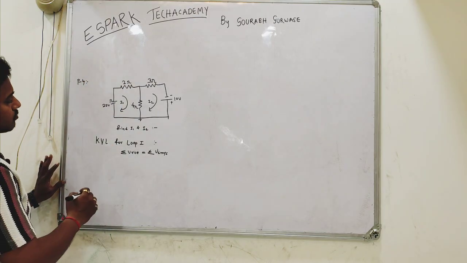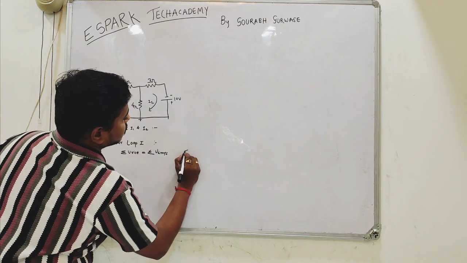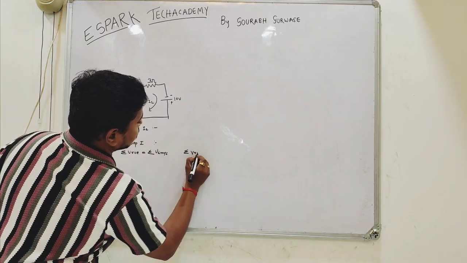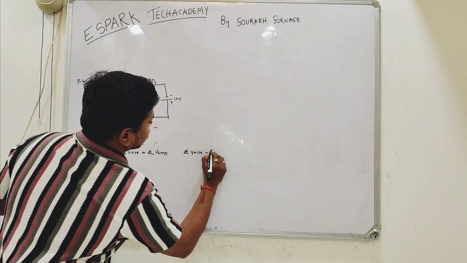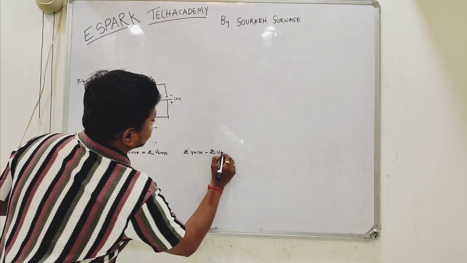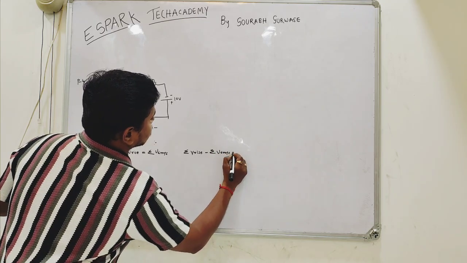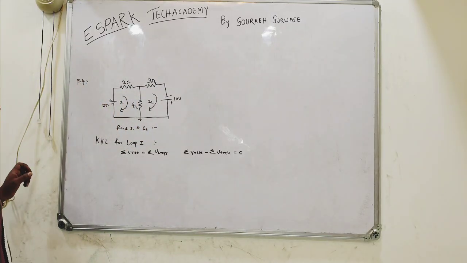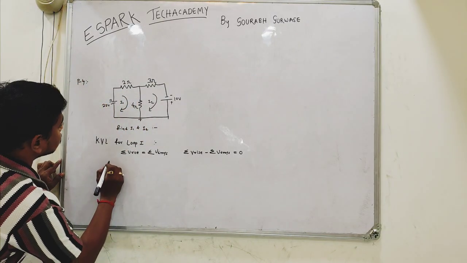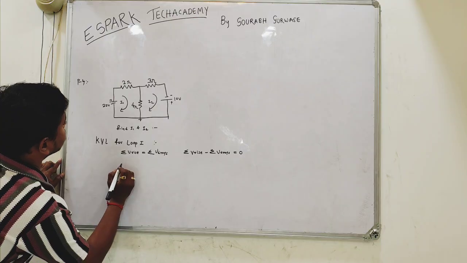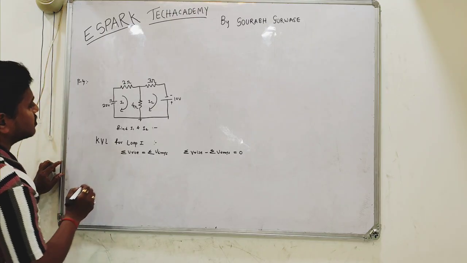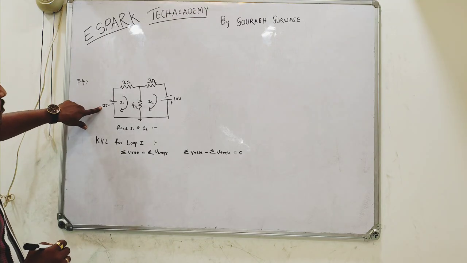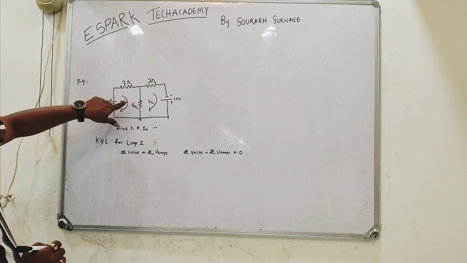Now here what we will be doing is V rise minus summation of V drop is equal to 0 as per KVL.